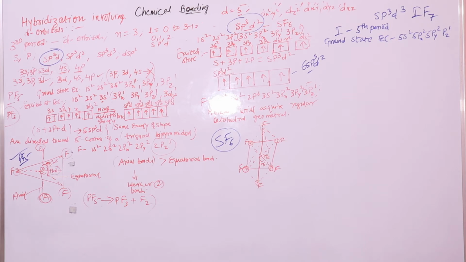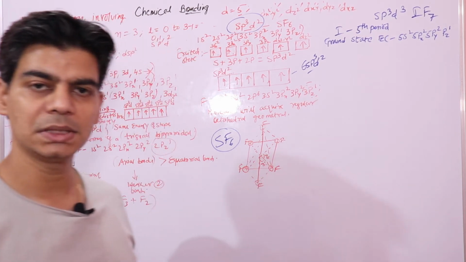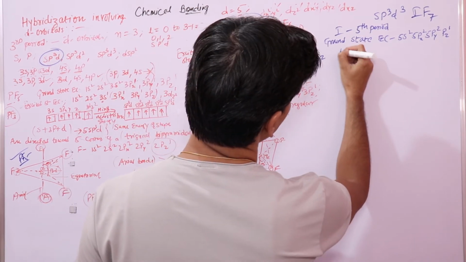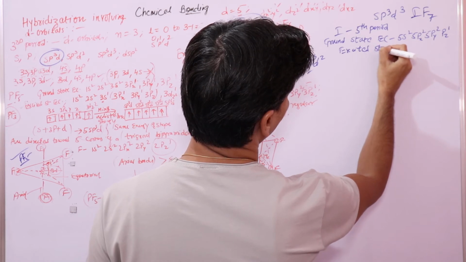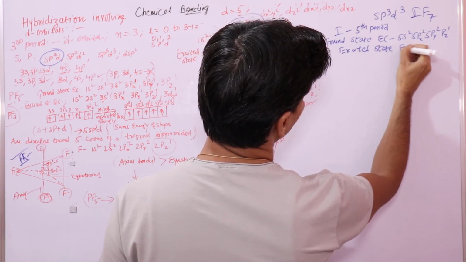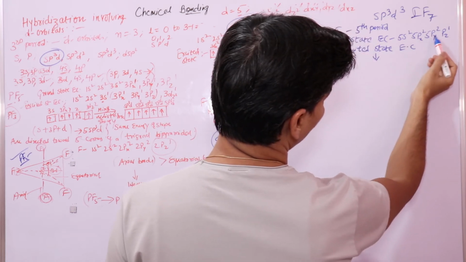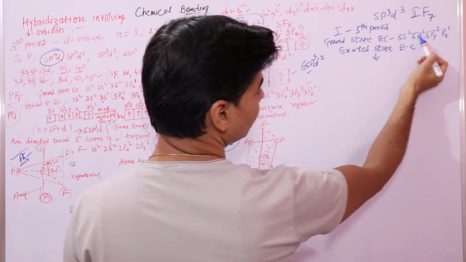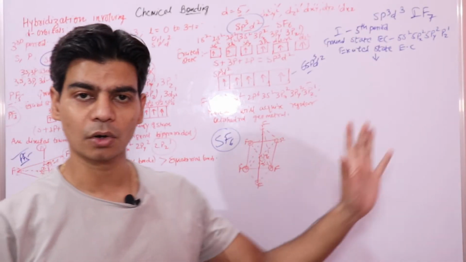This is the ground state electronic configuration for the iodine atom. Now the second step in hybridization is to write the excited state electronic configuration. The excited state would be when one electron from each of the s, px and py orbitals is shifted to the d orbitals.